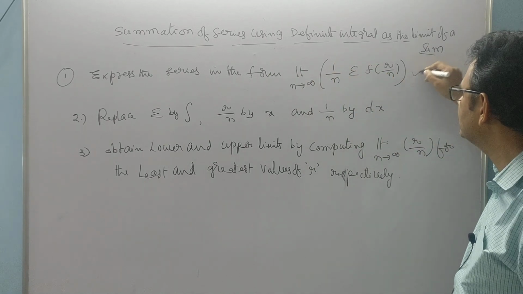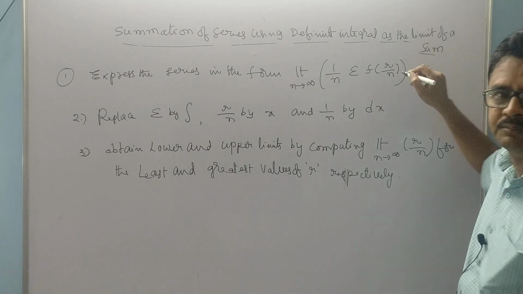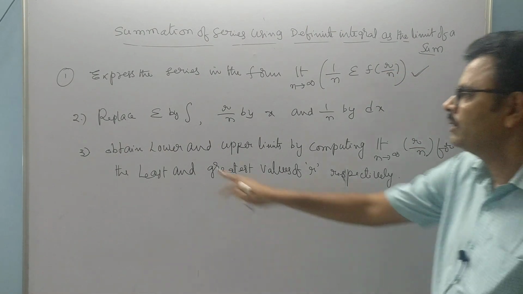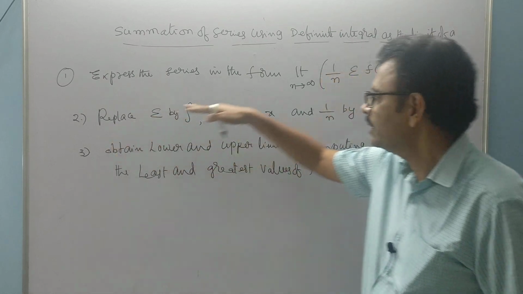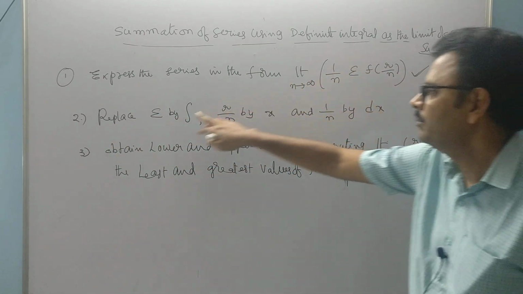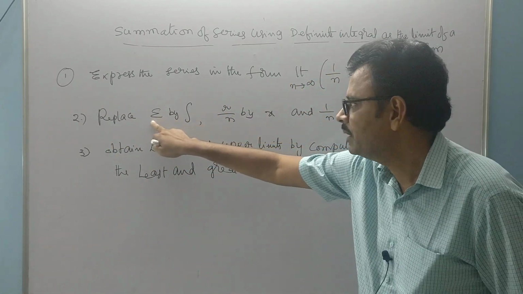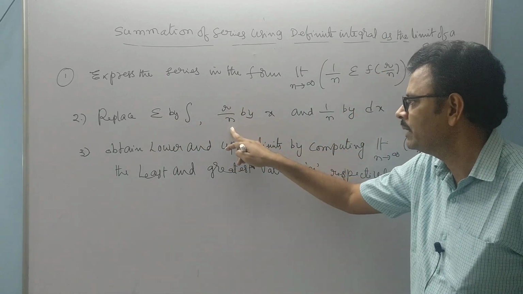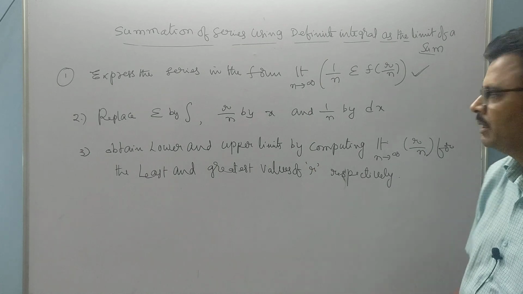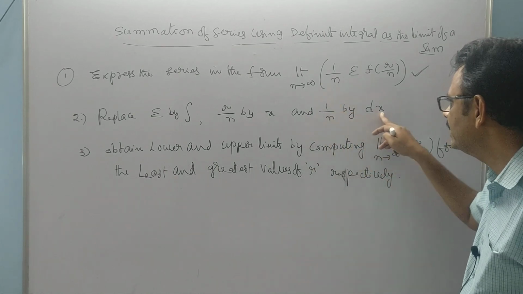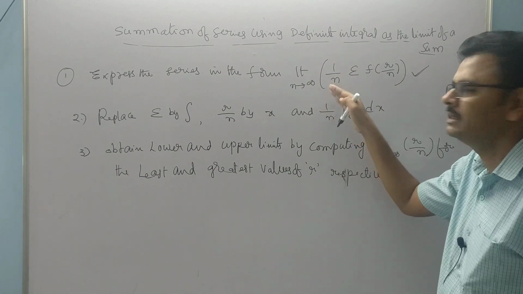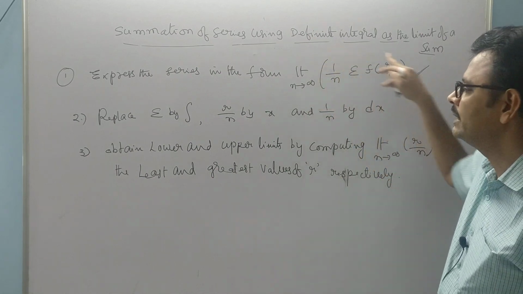Any series is given, you have to express it like this. Now, after reducing, replace sigma: in place of sigma you write integral, in place of r by n you write x, in place of 1 by n write dx. Now this becomes just like a definite integral.